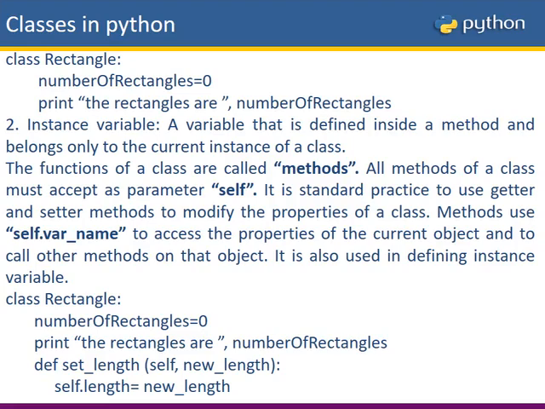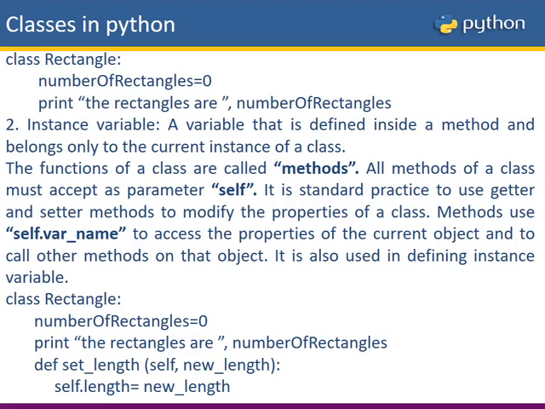All methods of a class must accept self as a parameter. So if you are writing a function of a class, which is called a method, it must accept the parameter self. We see this from the example here. It is standard practice to use getter and setter methods to modify the properties of a class.